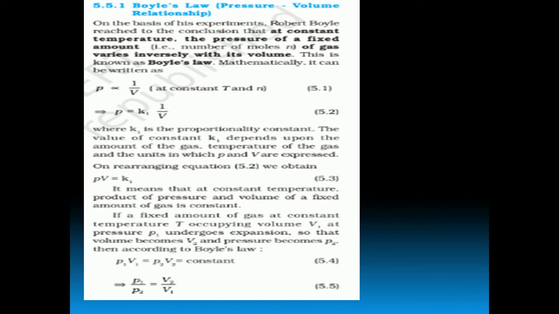Mathematically, P is inversely proportional to V when n and T are constant, where n is the number of moles. Then V is inversely proportional to P when n and T are constant.